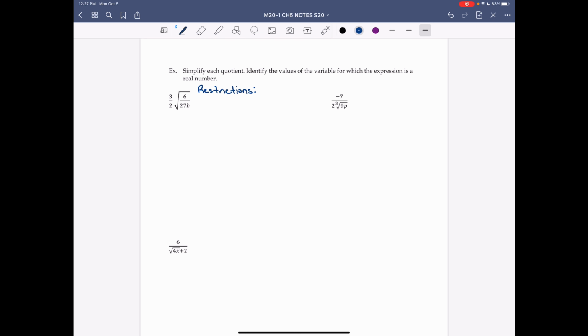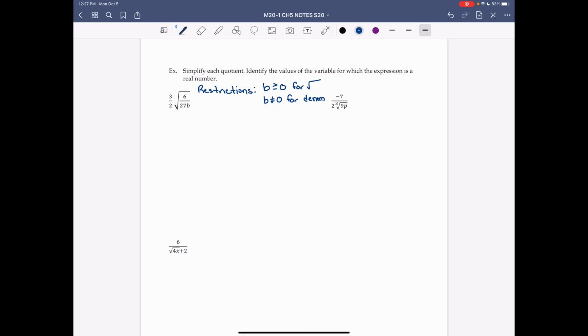So we would need to say that b has to be greater than or equal to 0 for the square root. We also have b in the denominator of a fraction, and if b was 0, then our denominator would equal 0. So we need b to not equal 0 for our denominator.